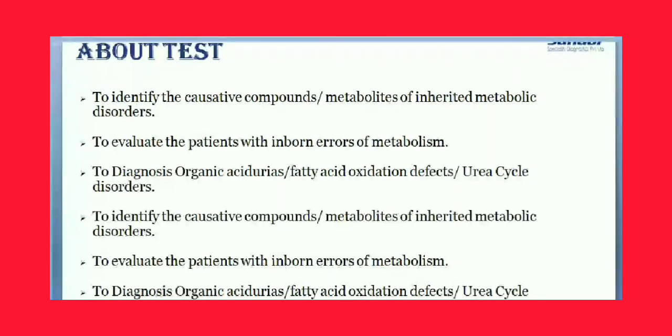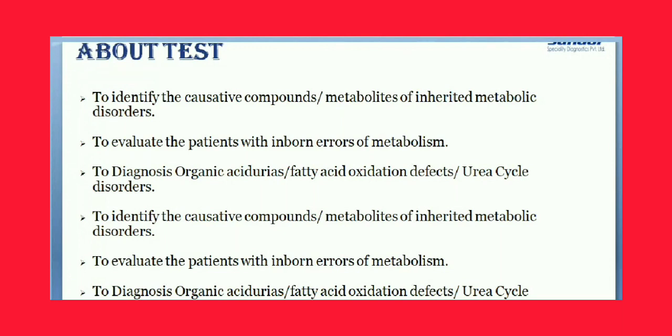I hope you remember yesterday's session, where the enzymes would be involved when there is a deficiency of the enzyme. You check for the enzyme activity and report the enzyme activity. But here you would be checking for the metabolite.